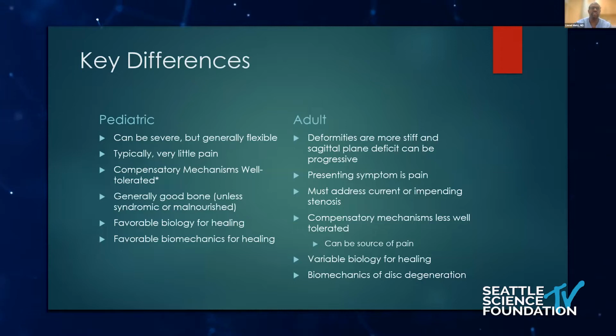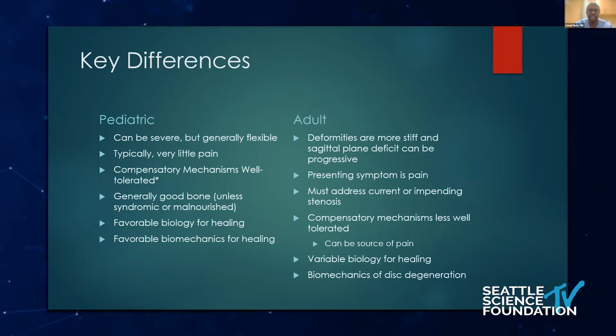The key differences here are that in the pediatric patient, although deformities can be severe, they're generally flexible. Typically, they present with very little pain. Their compensatory mechanisms are very well tolerated, and this is a key theme that I want everybody to pay attention to as we talk about our goals for pediatric correction.